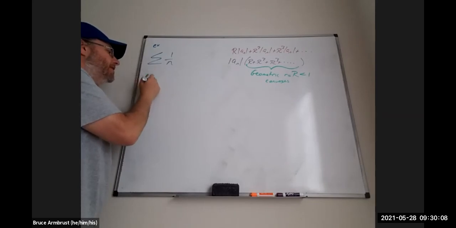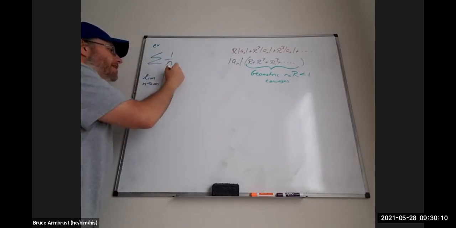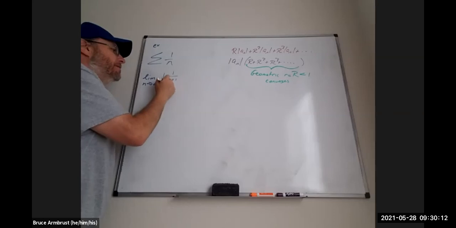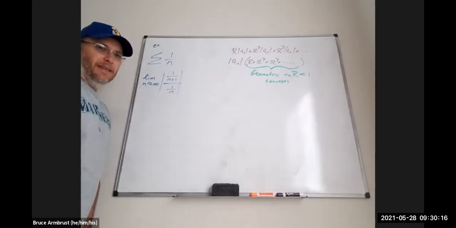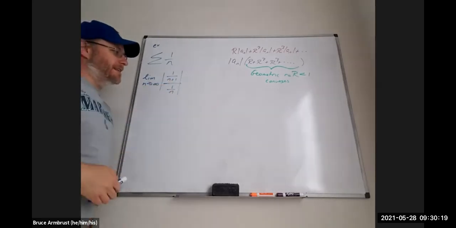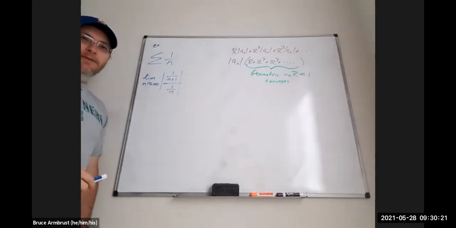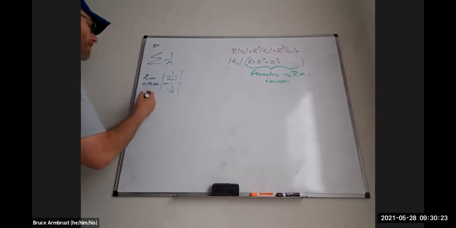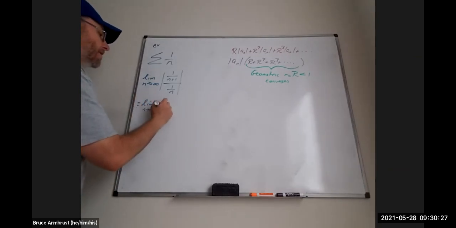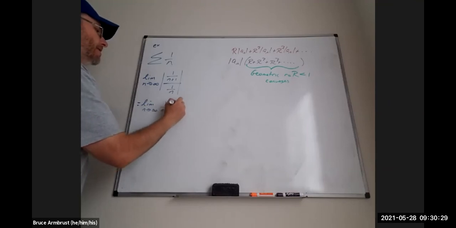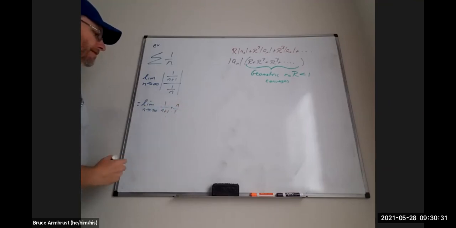So we're going to do the limit as n goes to infinity of the n plus first term over the nth term. Again, I don't need the absolute values, but I'm just doing that to kind of remind you what we need to do here. So let's go ahead and flip those over. We got 1 over n plus 1 times n over 1.